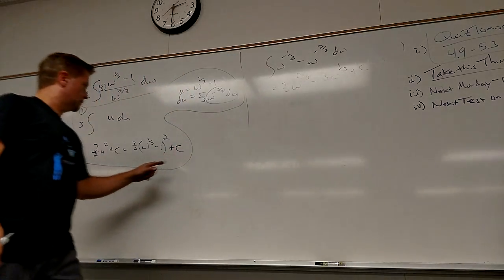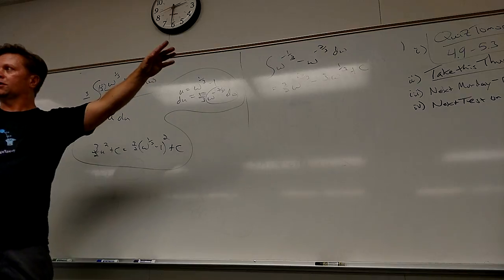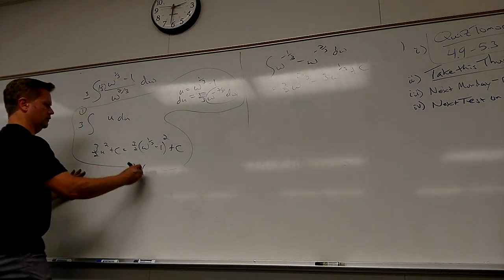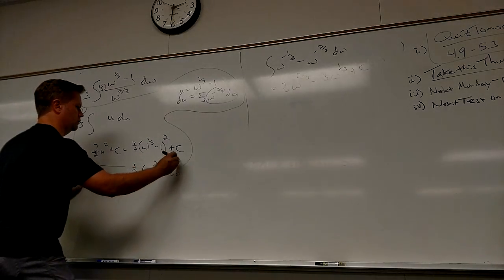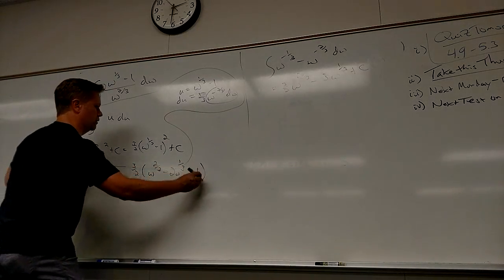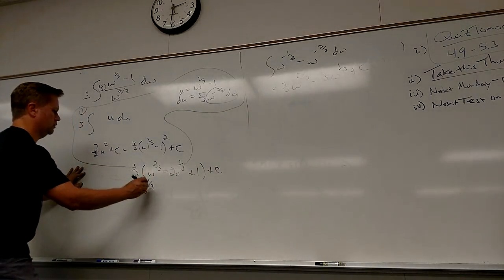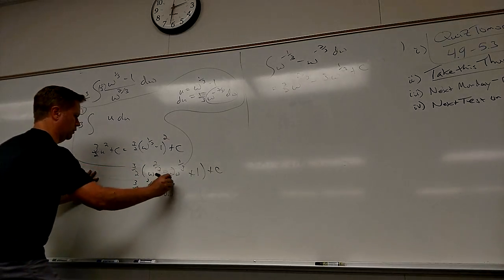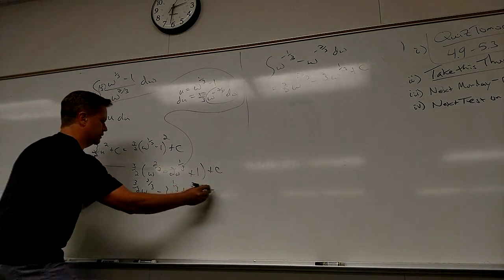Now, are those the same? Sure. If we FOIL this thing out, I'll get 3/2 w to the 2/3 minus 2 w to the 1/3 plus 1 plus c. I'll get 3/2 w to the 2/3, check, minus 3 w to 1/3, check, plus 3/2 plus c.